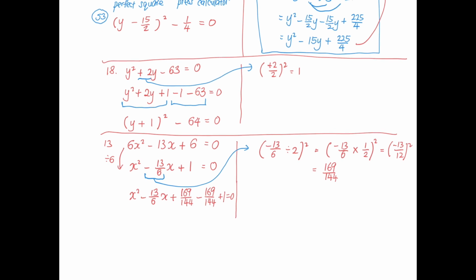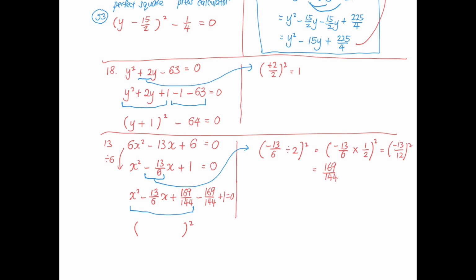So again, we get a perfect square here. The first three terms are the perfect square, so we can change it to a bracket square. How we do it is, for the first x squared, you change it to x.